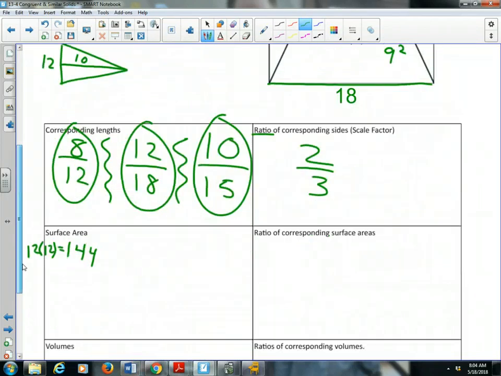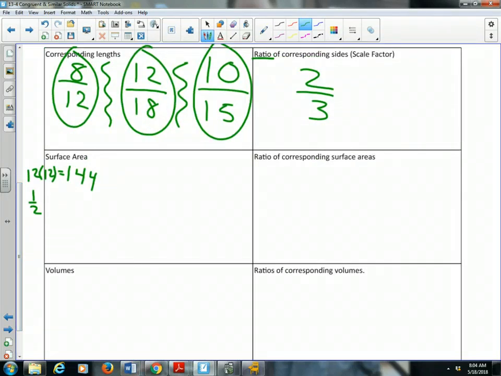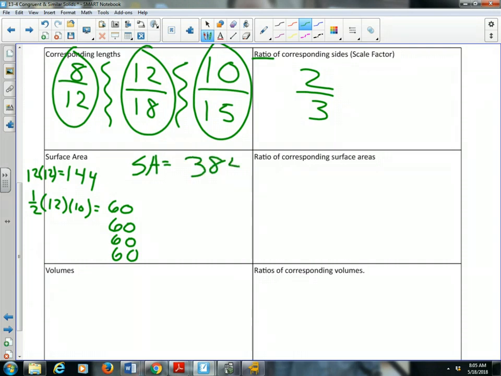So 1/2 times 12 times 10 gives 60. There are 4 of those 60s, plus the 144. If we add them all together, the surface area of the smaller one is 384.